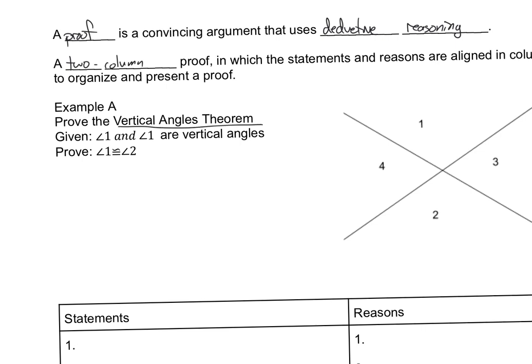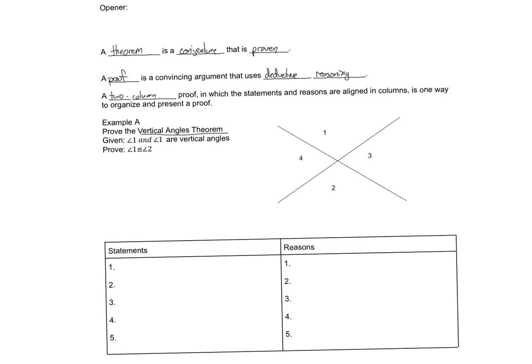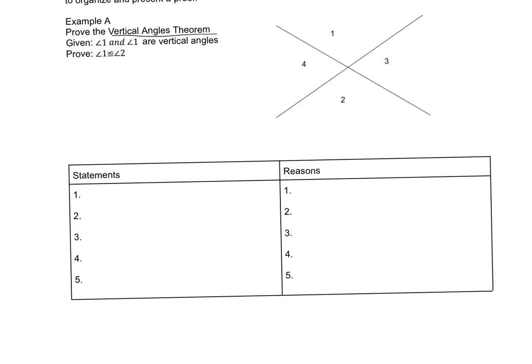The vertical angles theorem states that if we have vertical angles, then they are congruent. So vertical angles are congruent. Let's look at this. We're going to write our statements here, and then the reasons those statements are true over here.